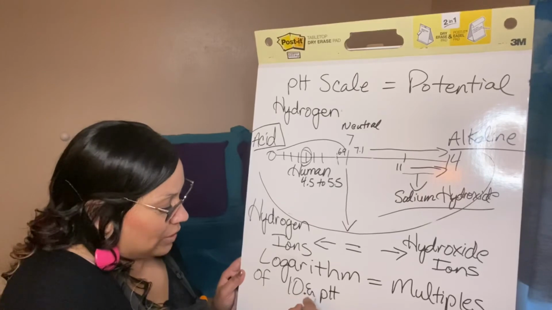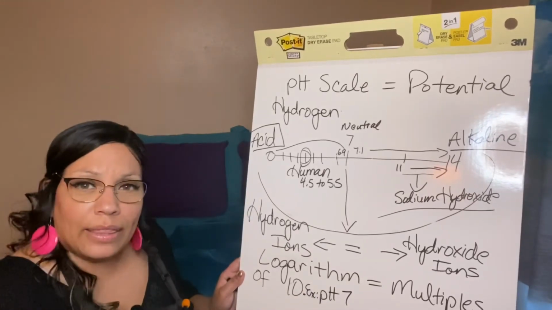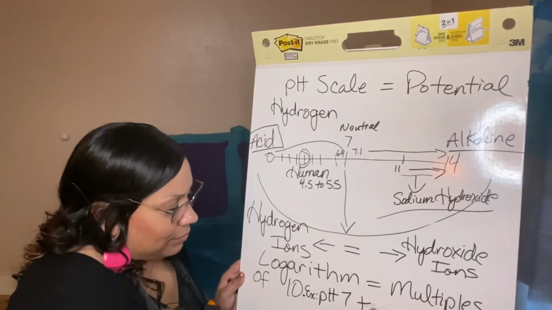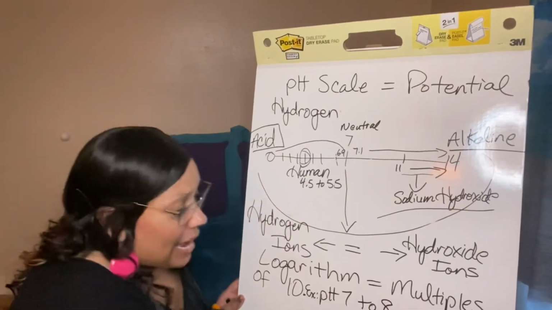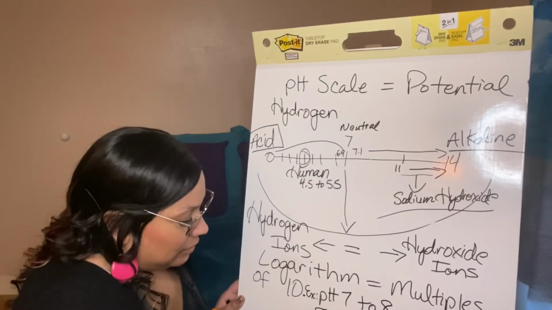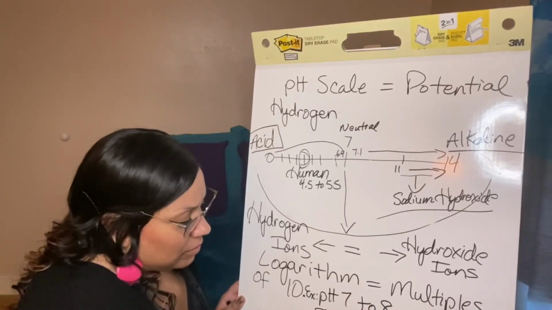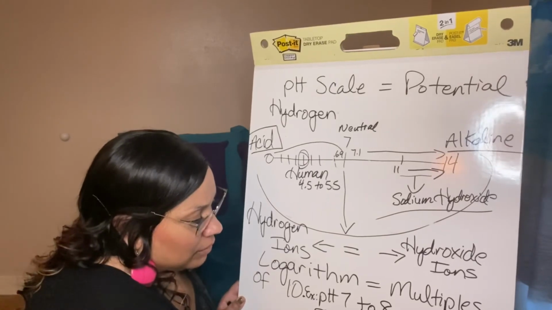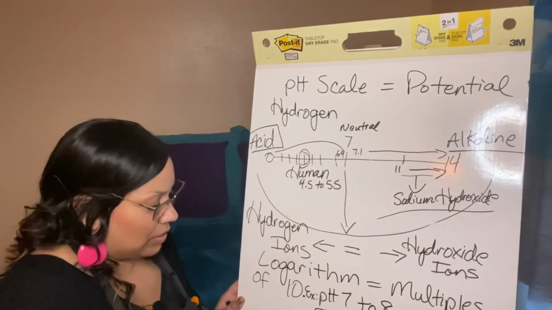So this is your example. If a pH is 7, and then let's say you move up to 8. So I'm going to say pH 7 to 8. 8 is 10 times more alkaline than the 7.